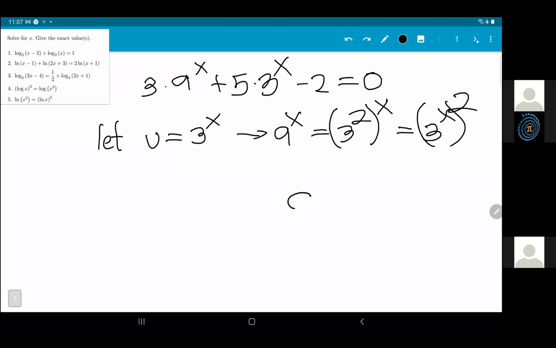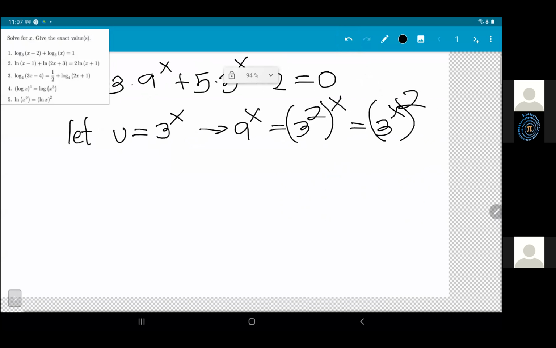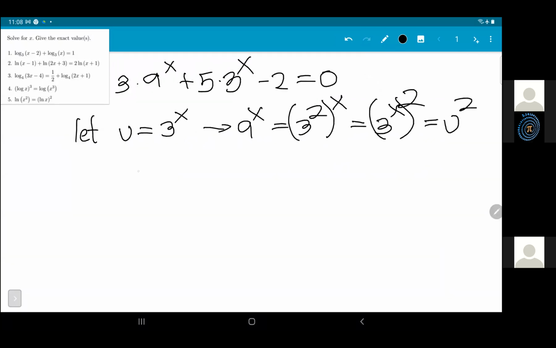Don't forget that a to the m to the n is equal to a to the mn. So it's just u squared. So it will become a quadratic equation.